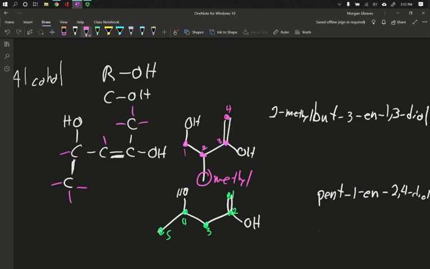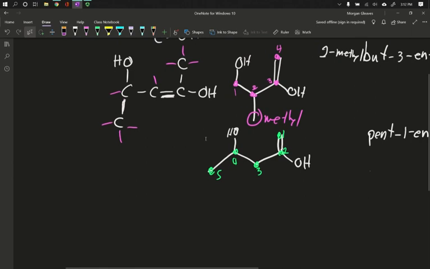Count up my hydrogens, 1, 2, 3, 4, 5, 6, 7, 8 on the carbons, a 9th and a 10th on my oxygens. So here's another form. Maybe you came up with this one. What would that look like? 2 carbons, we'd have an OH, a 3rd carbon double bonded to a 4th that goes to an OH and a methyl.